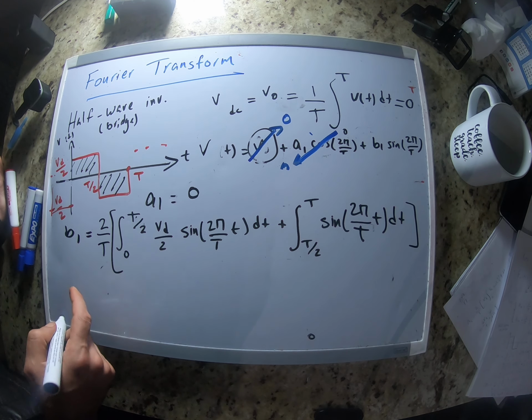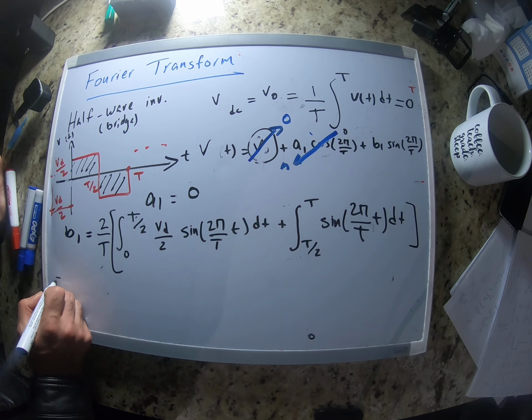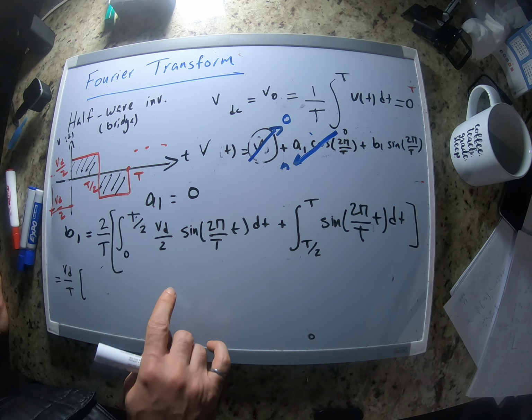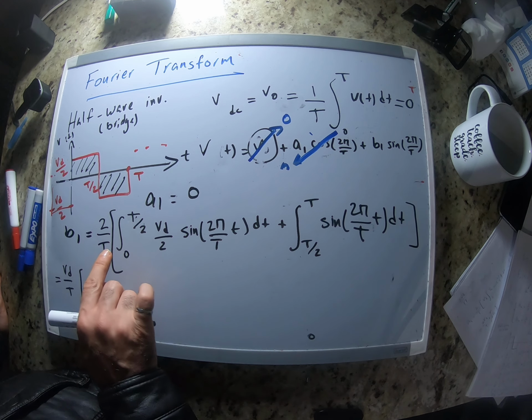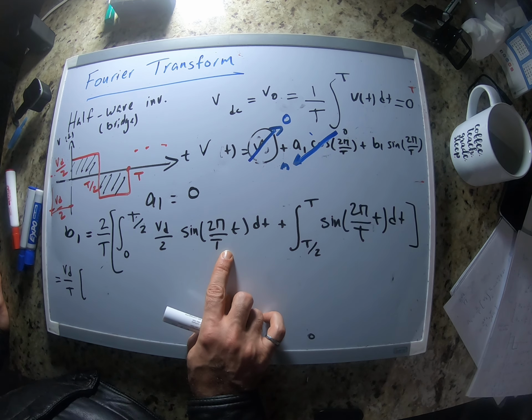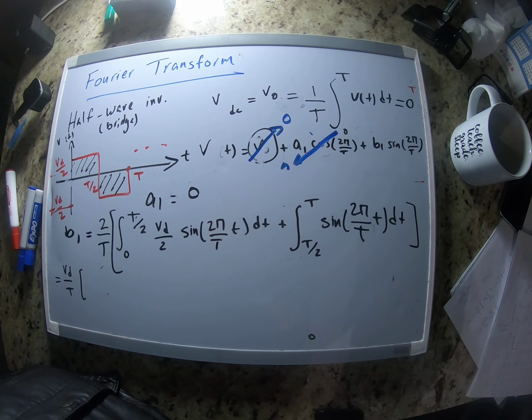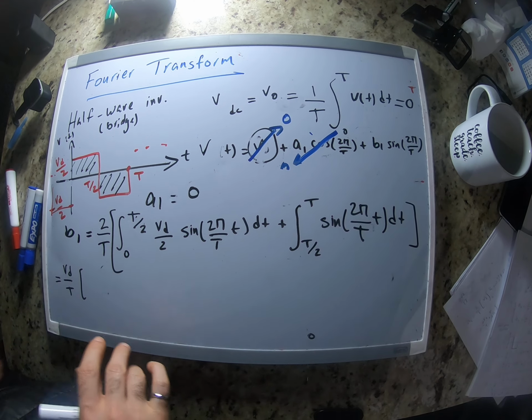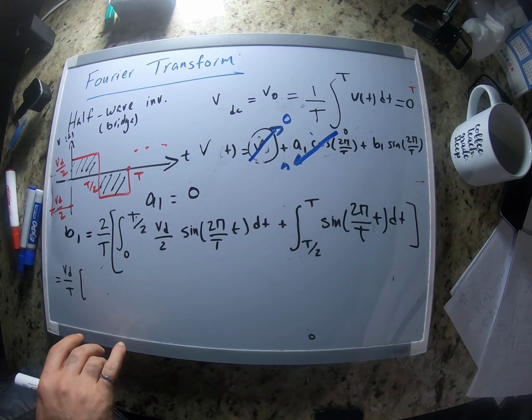Okay, again, I'll take Vd over 2 out, so it becomes Vd over T. Now if I take this one out, just make sure that everybody can see the whole thing. Integral of sine is negative cosine, right?